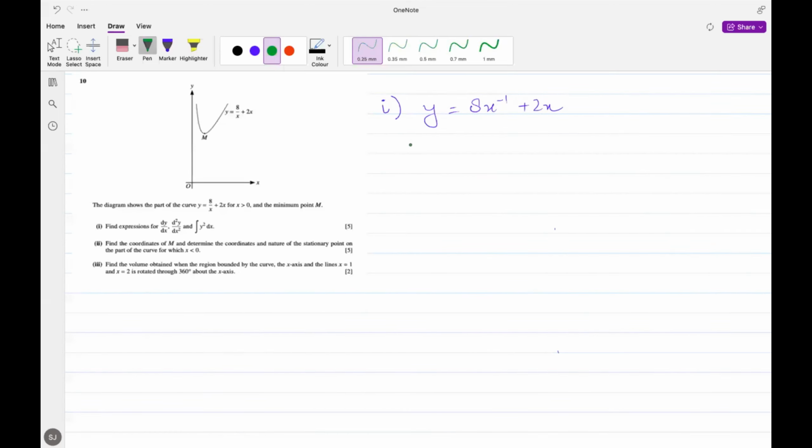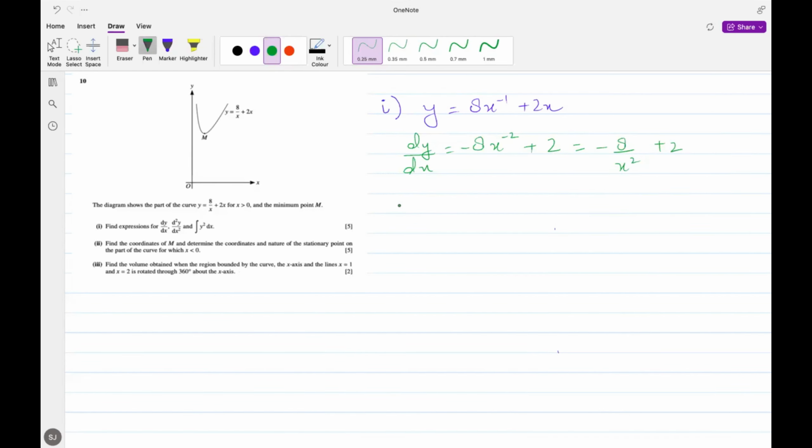Now finding dy/dx, in the first step, we'll multiply minus 1 by 8, so that will become minus 8x to the power minus 2, as we decrease the power by 1 when differentiating, plus, the x power is 1 over here, 1 times 2 will become 2, x to the power 0. So we can write dy/dx is minus 8 upon x squared plus 2.